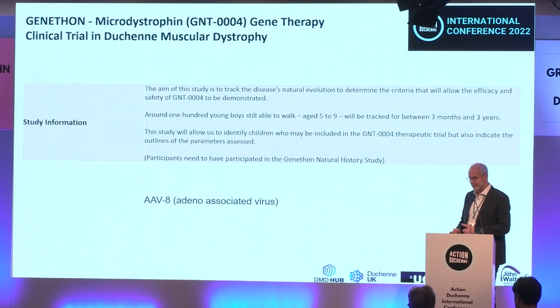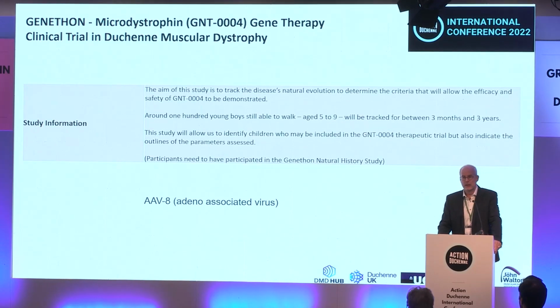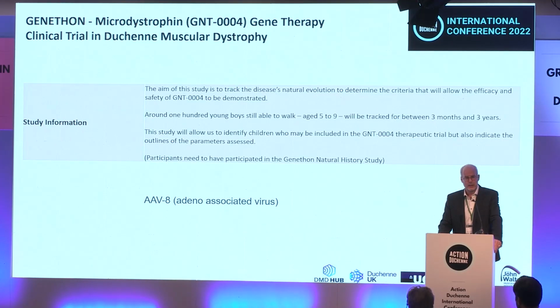And so this is the GNT0004 study from Genethon, the microdystrophin study. It is using an AAV8 vector, which was actually developed at Royal Holloway with George Dickson and Linda Popplewell as well. This is a vector that has been trialed in mice and then in dogs and was really very promising, and is now at a stage where the first patient has actually been injected in France.